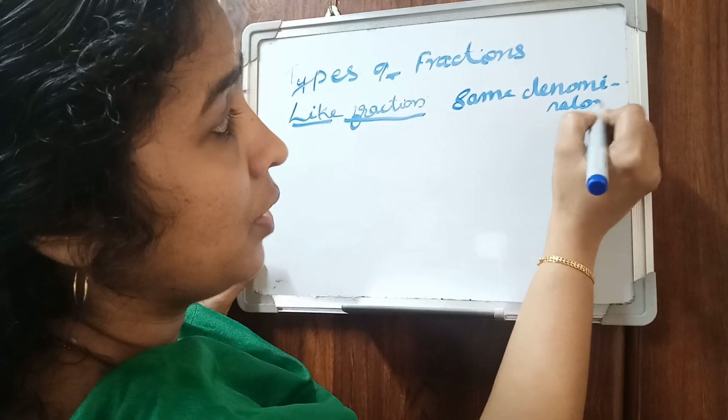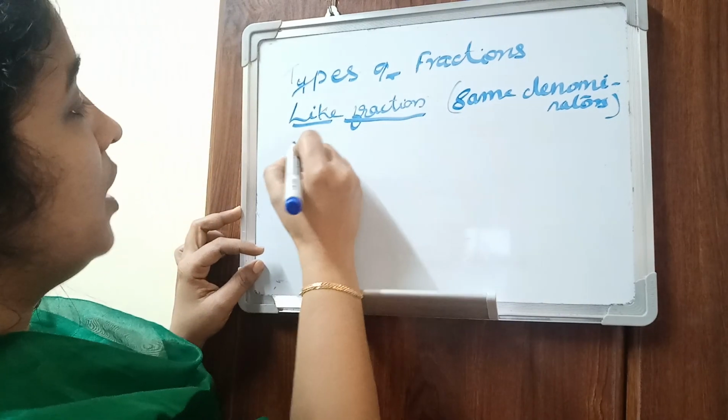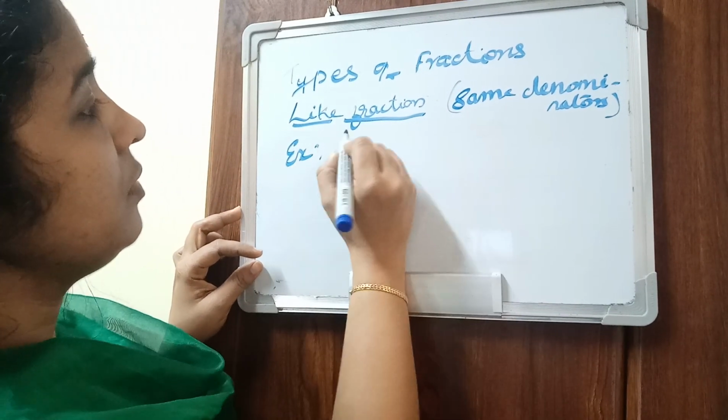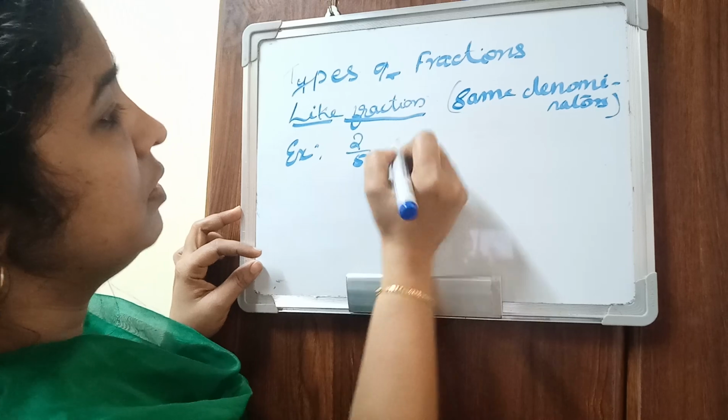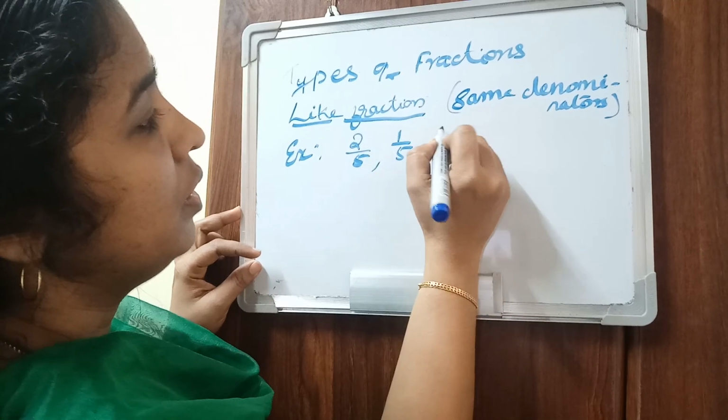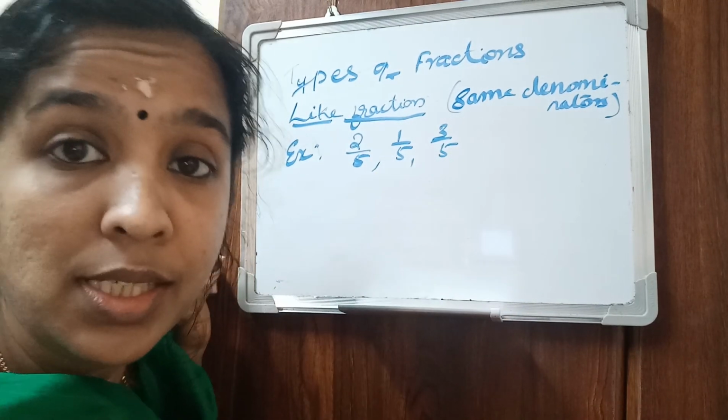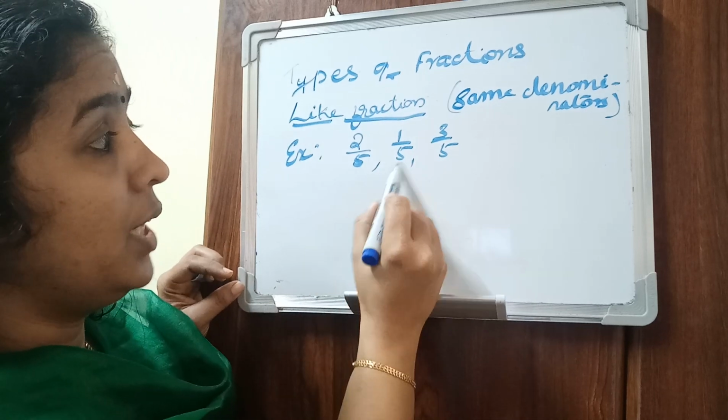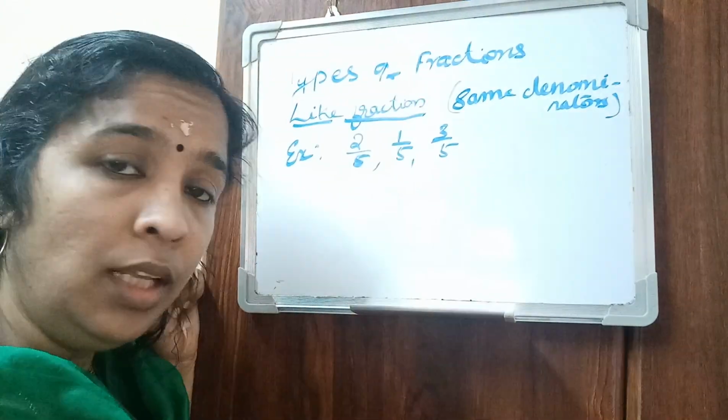Examples are 2 by 5, 1 by 5, 3 by 5. That means the same denominator. Clear?